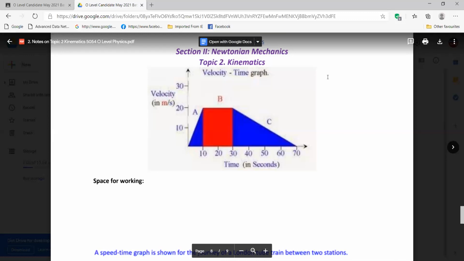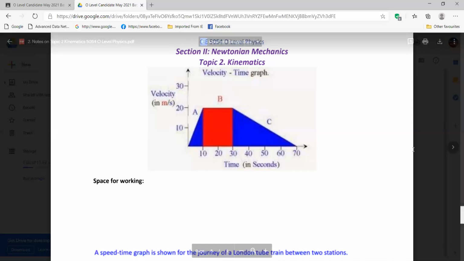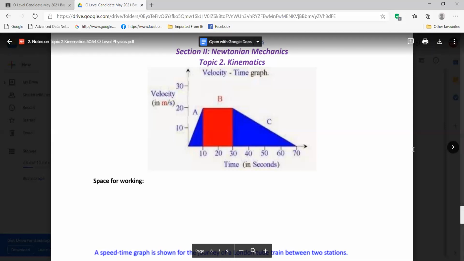Then for part C, 70. Is it 70? How? It is half into base into height, right? So how much is your base?